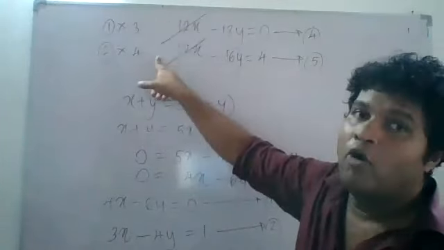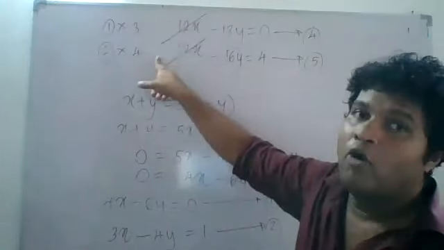Minus 4 divided by minus 2. Right? That's the answer. It is plus 2, because minus minus gives plus.